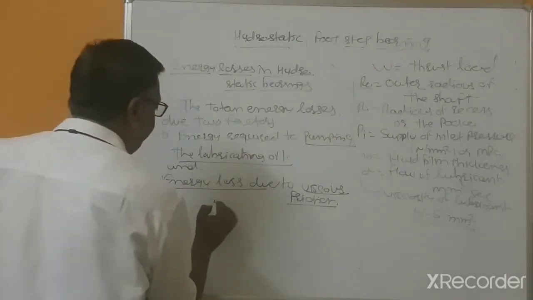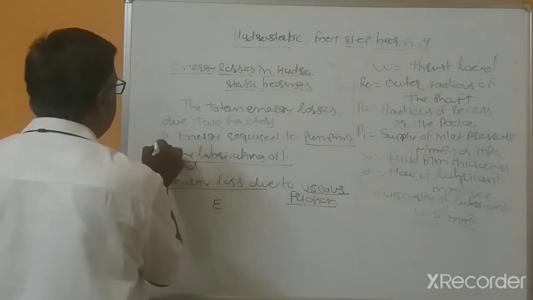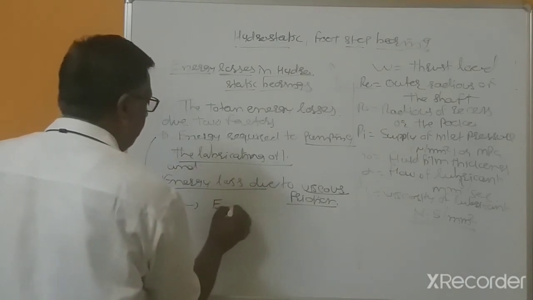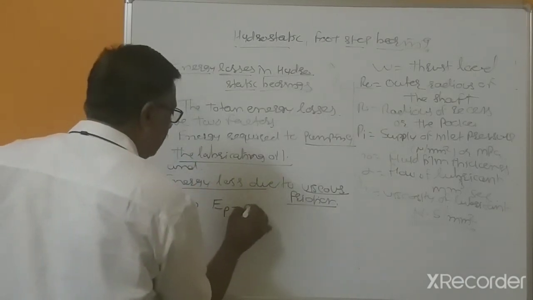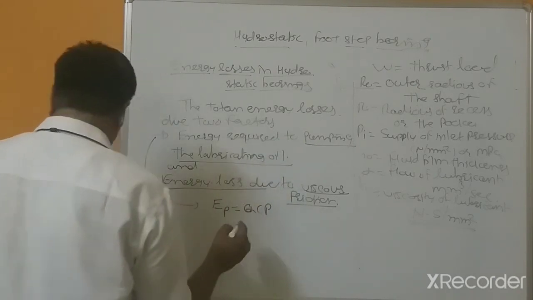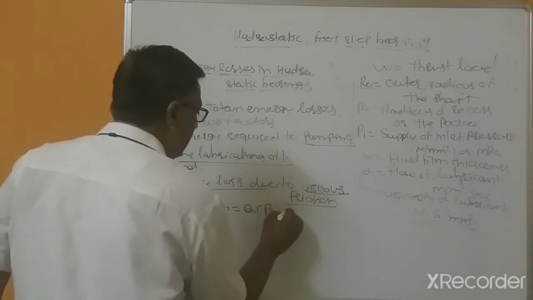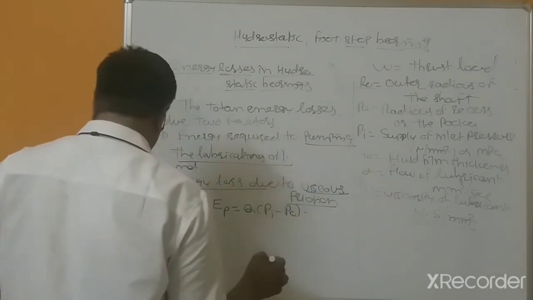So this EP, the first loss, the pump loss, can be calculated by using Pi minus PO.